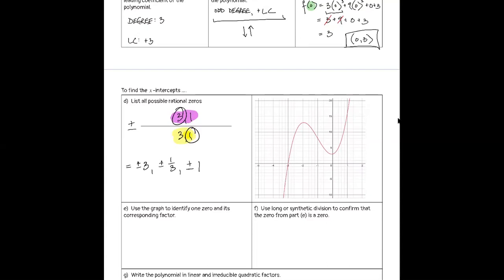So that's how we kind of use this list. And now from this list, we're going to pick where's our 0 on the graph, and that's a -3, which is good because I really have a -3 in here, right? So the picture should match at least one of the numbers from our list, okay?